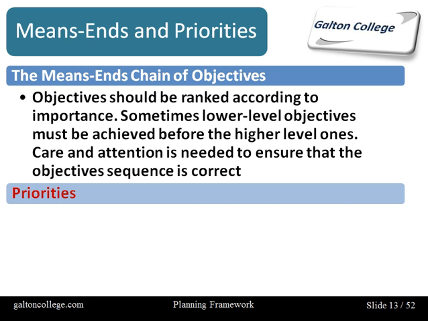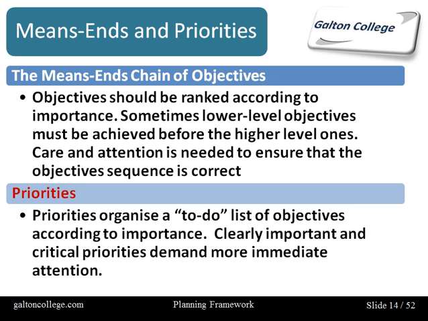So, in terms of priorities, priorities organize a to-do list of objectives according to importance. Clearly, important and critical priorities demand more and immediate attention. We can see priorities as like a to-do list, what needs to be done, and they can be ranked. So let's say priority number one is to do this first.